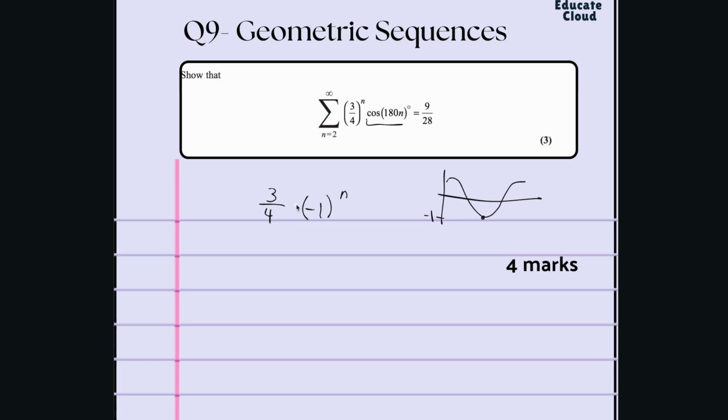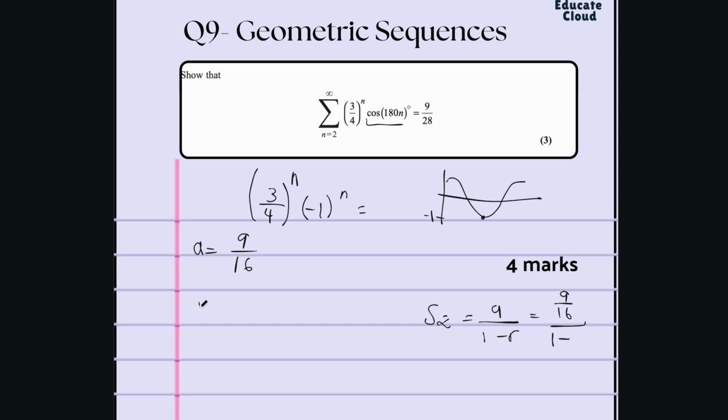And then we can just sub in 2 to get our first term. So when we sub in 2 here, we get 9 over 16. So our a is 9 over 16. And remember that our sum to infinity formula is a over 1 minus r. So it's 9 over 16 over 1 minus r.